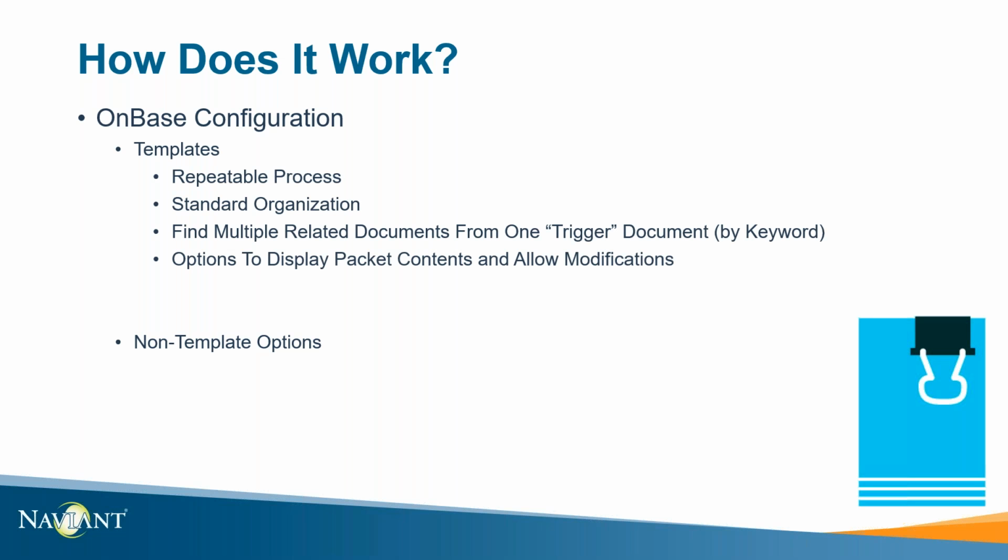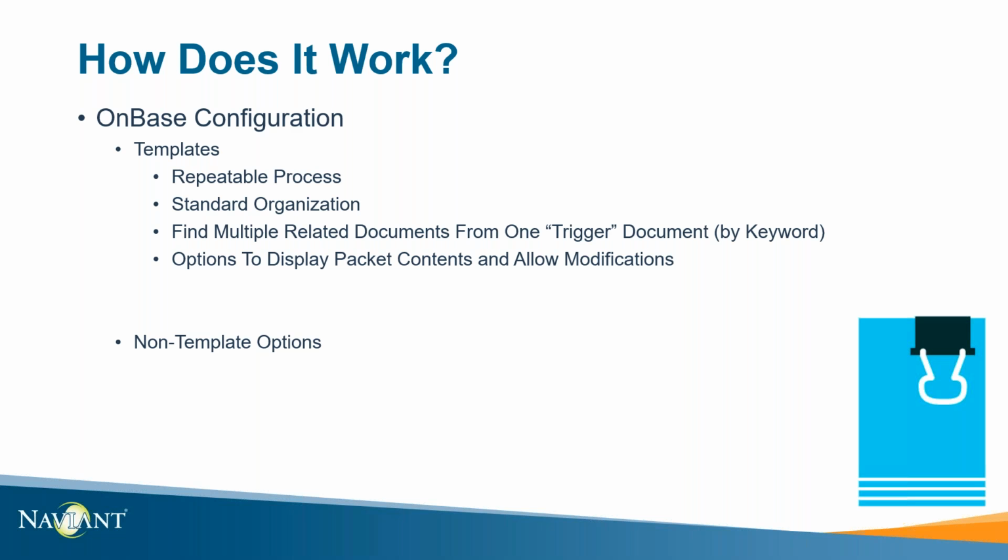When dealing with templates, think that this is going to be a repeatable process. This is the packet of information that I want to be distributing every time that I invoke this packet creation. There's a standard organization to what that packet looks like. Ultimately, the system is able to find all of these related documents based upon that trigger document.